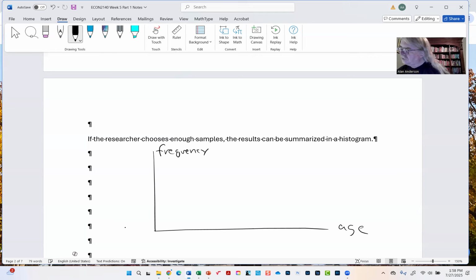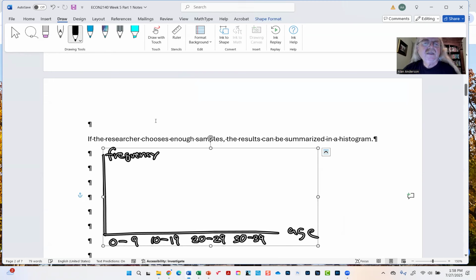All right, and so for this first one, we'll have ranges. Okay, now I'm going to run out of space, so let me just fix this a little bit. There, that's better.